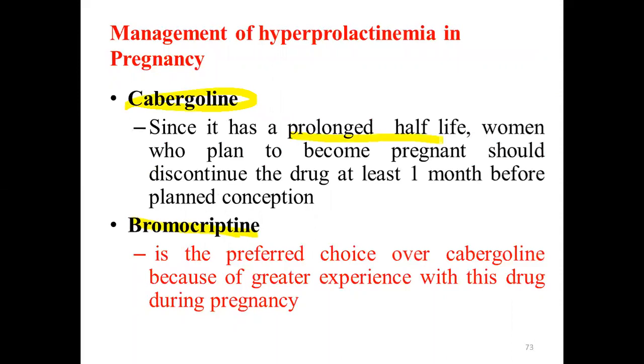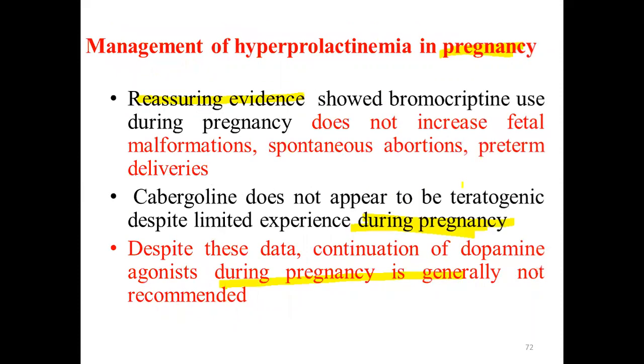So if a mother is planning to become pregnant, she is supposed to discontinue it at least 1 month before planned conception. Remember, currently there is no known teratogenic effect of cabergoline, but still the experience in pregnant mothers is very limited.